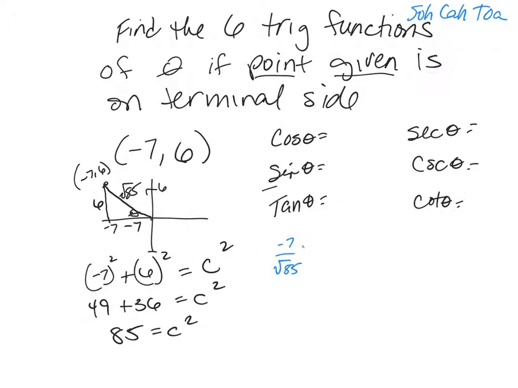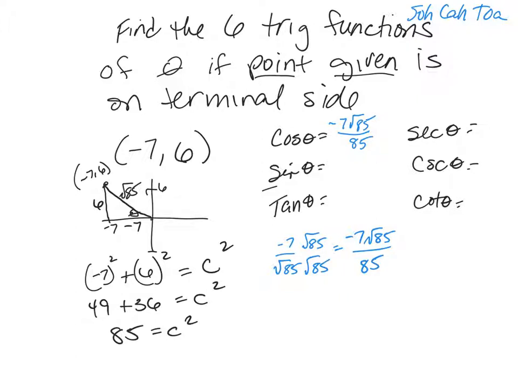But you can't have a radical in the basement. And so you have negative 7 root 85 over 85. And then you just make sure that 7 over 85 can't simplify, which it cannot. And so your answer is negative 7 root 85 over 85. Got it?